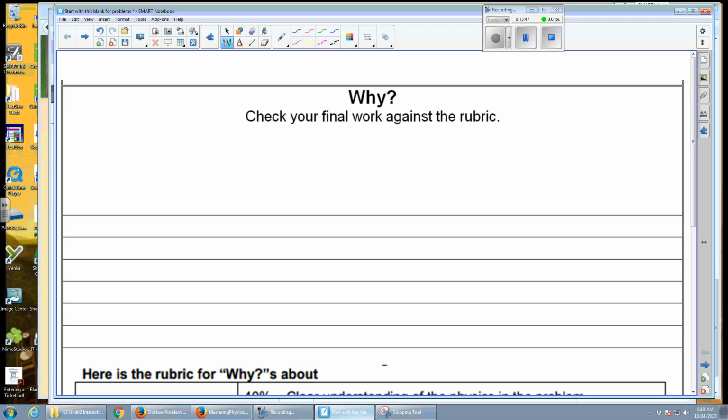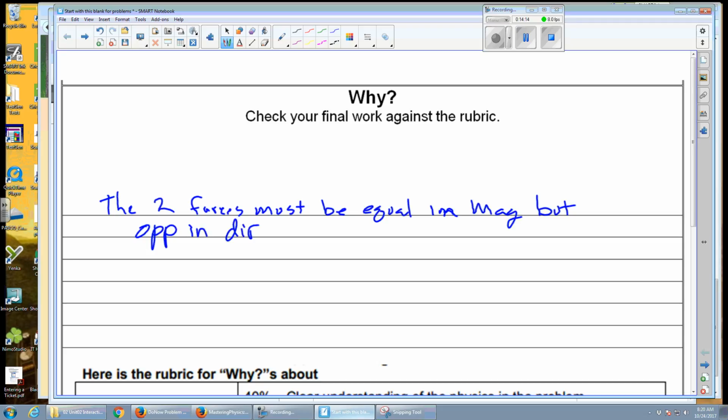Exactly, because they form a force pair. So I'm going to start with that. The two forces must be equal in magnitude but opposite in direction.